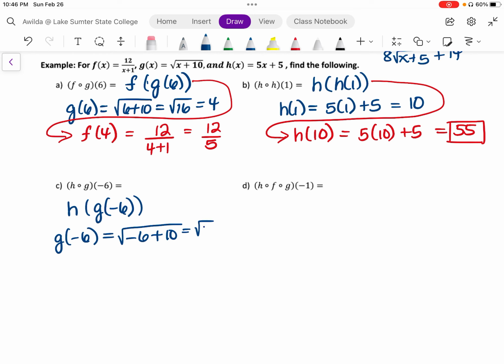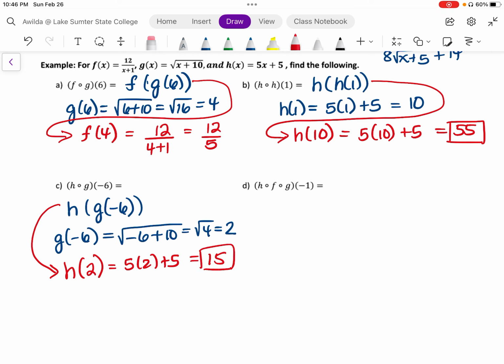So that's the square root of 4, which is 2. Now we're going to find the value of h at this new input at 2. h evaluated at 2 is 5 times 2 plus 5, which is 15.